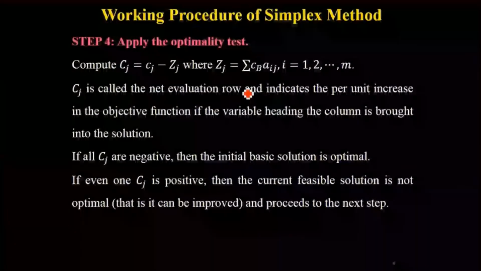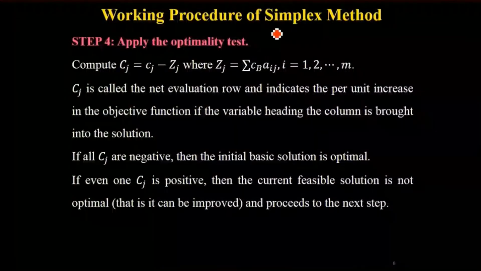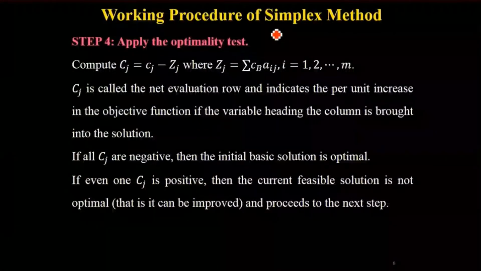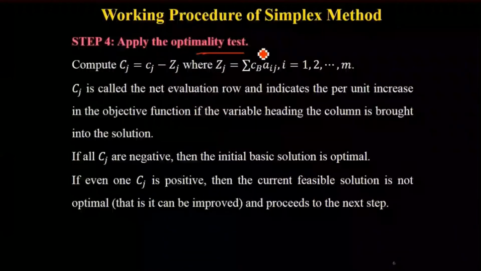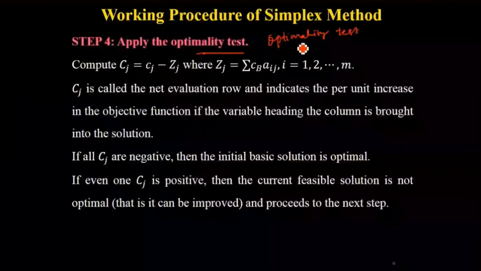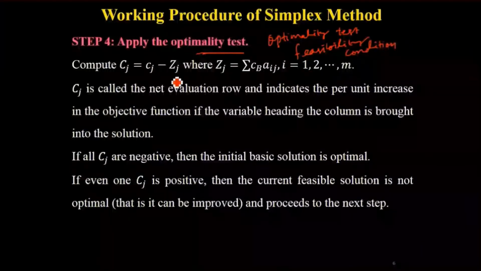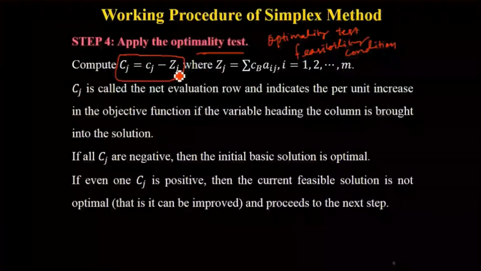So the fourth step is the optimality test. As we have discussed in the previous classes, the simplex method is based on the optimality test and the feasibility condition. Now what to do under this? We have to compute Cj equal to small cj minus zj.